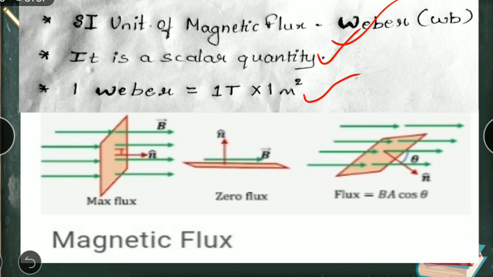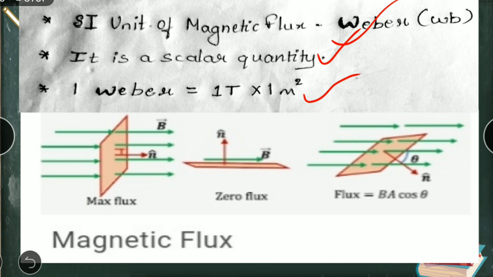So 1 Weber is the amount of magnetic flux over a plane area of 1 meter square held normal to a uniform magnetic field of 1 Tesla.